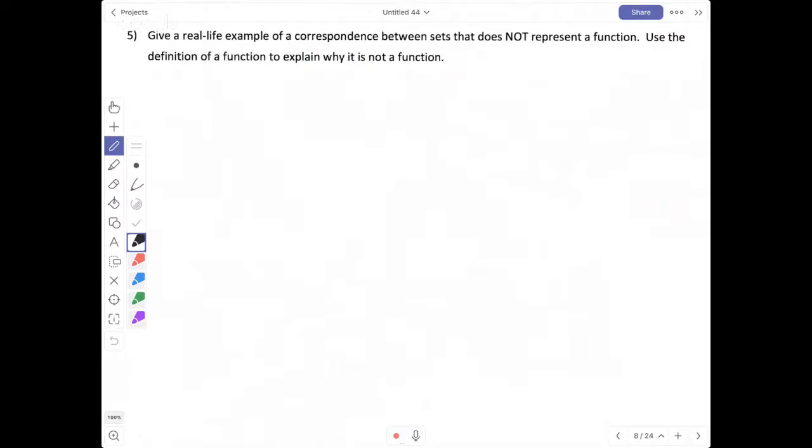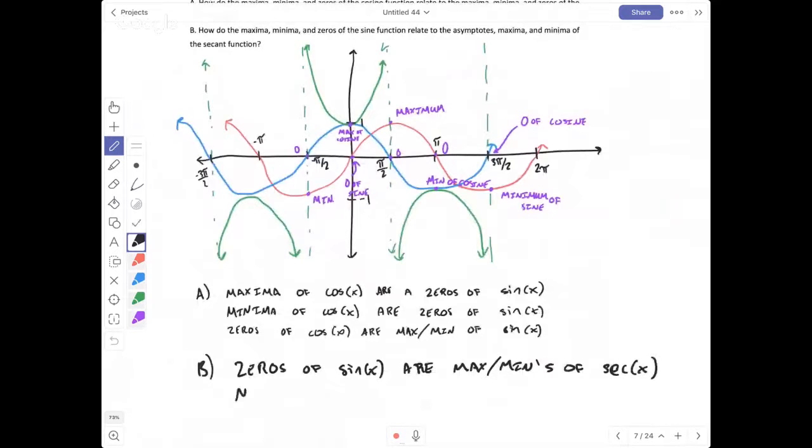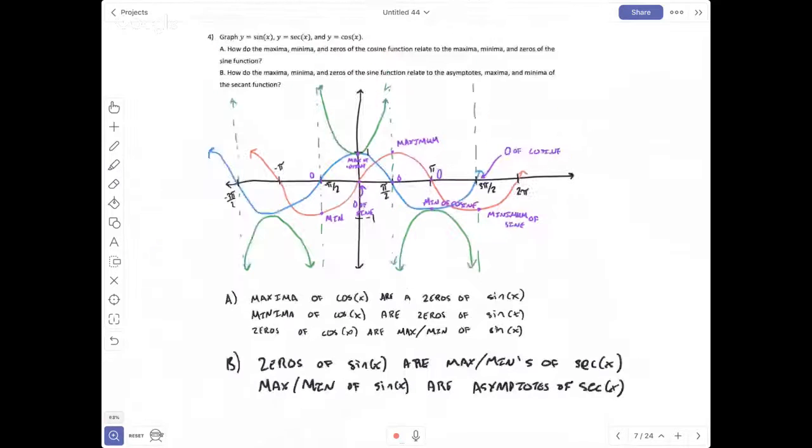And, whoops, the max and the min of sine of x are asymptotes of secant of x. Any questions on number 4?